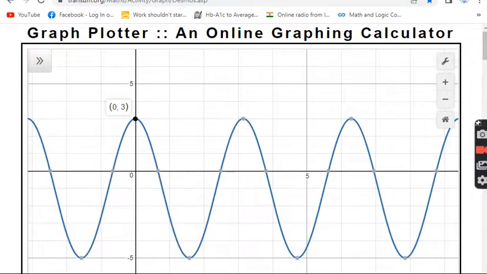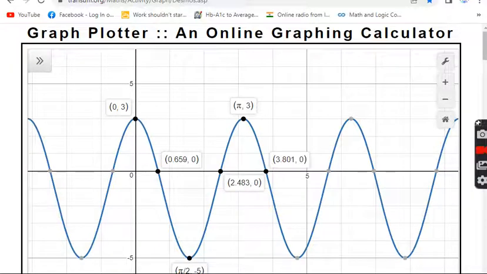So the first point is 0, 3. Next is 0.659. Next is pi by 2, -5, pi by 3, 2.483, 0, 3.8, 3 pi by 2, 5.6, 2 pi, 3.